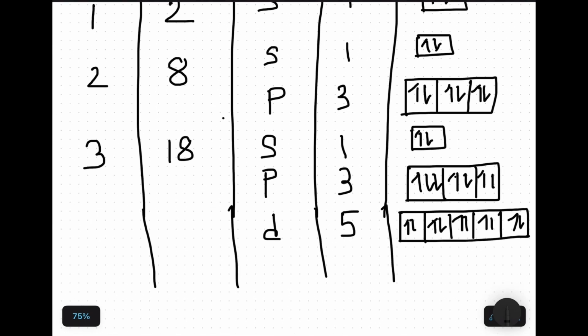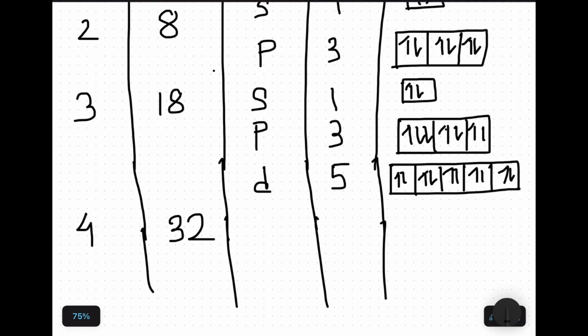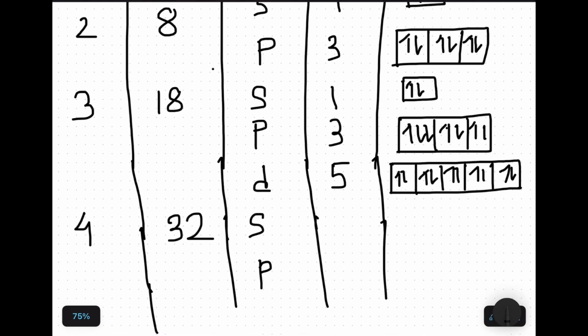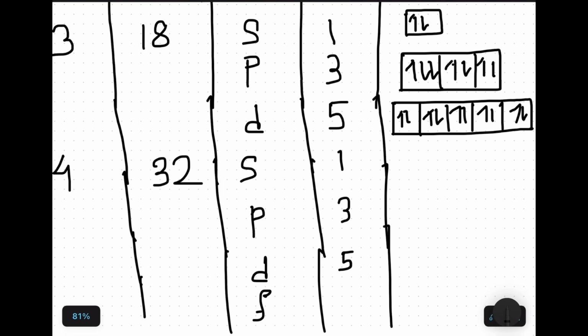And when the cell number is 4, the number of electrons in that cell is 32, right? And the possible subcells are S, P, D and F. And the number of orbitals is 1, 3, 5 and 7.